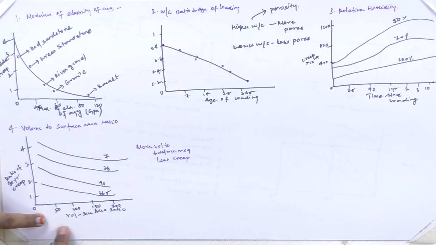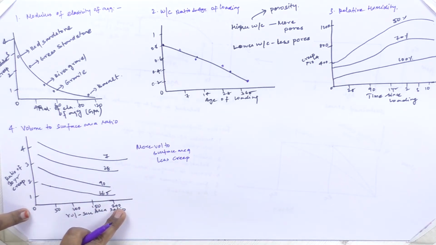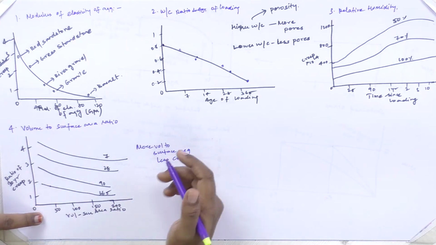And if the volume to surface area ratio is low, then it exhibits higher creep when compared to the high volume to surface area ratio.